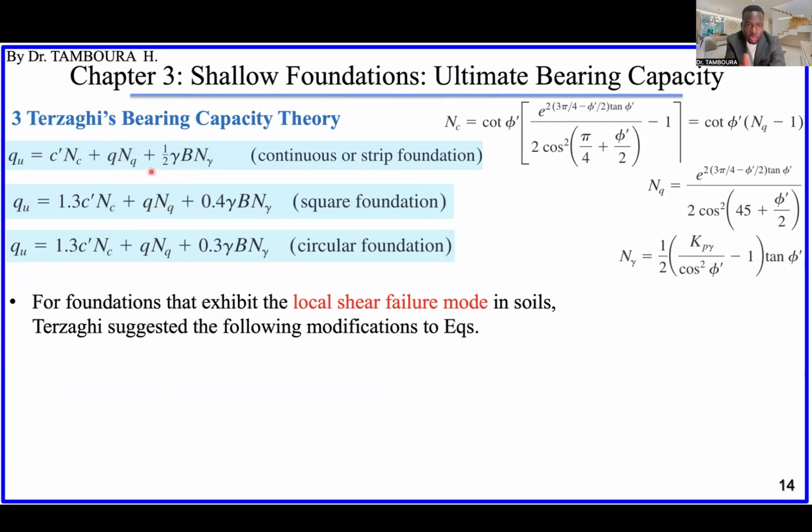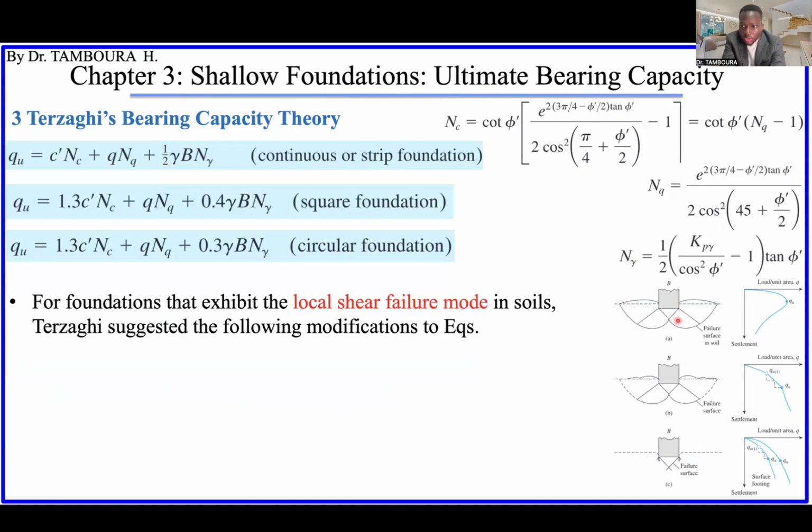So for a foundation that exhibits a local shear failure mode in soil, we talked about this local shear failure previously. When we have local shear failure, we need to bring some modification to this equation. It cannot be the same anymore. So Terzaghi suggested the following modification.